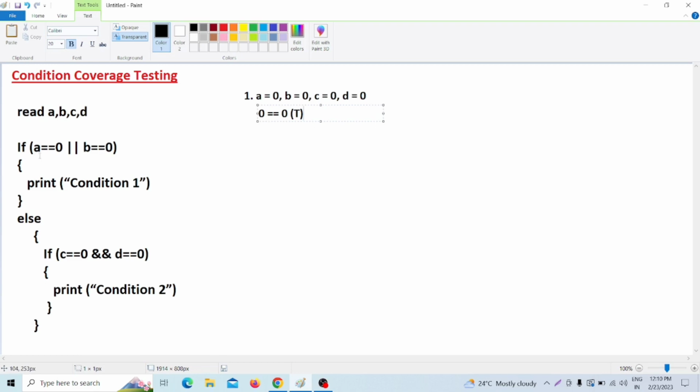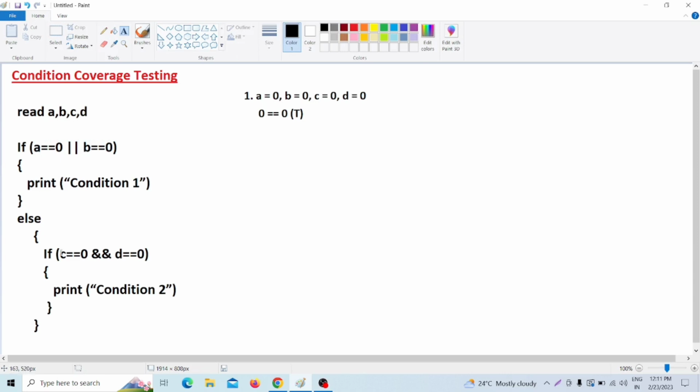So what will happen in case 1? In this test case, as we took A equals 0, out of the 4 conditions, we are checking only one condition and it is satisfying the true value.